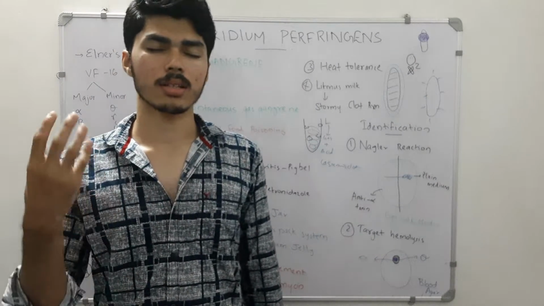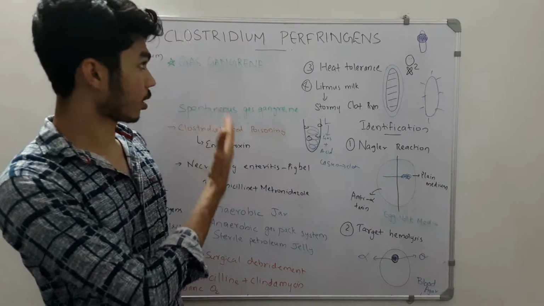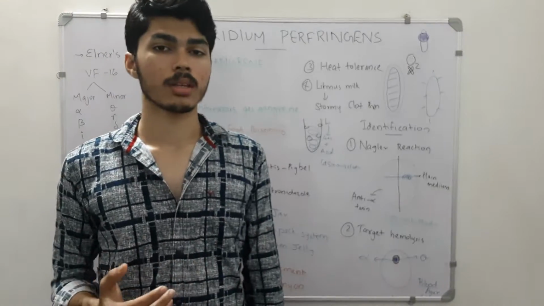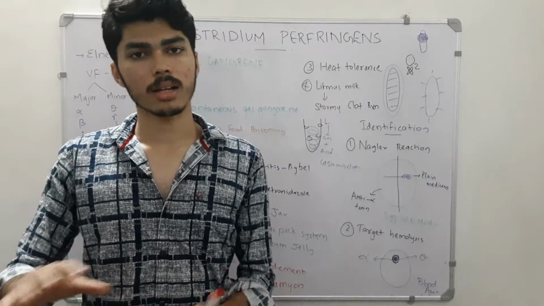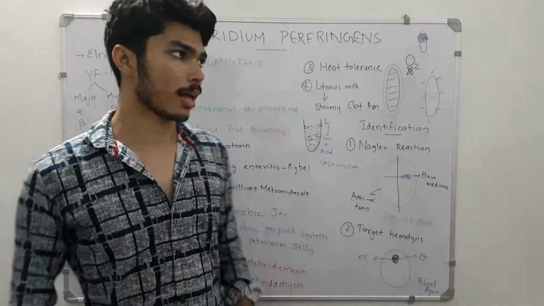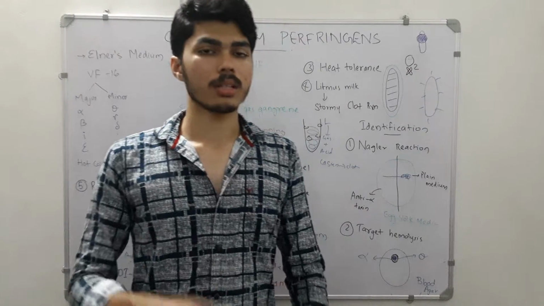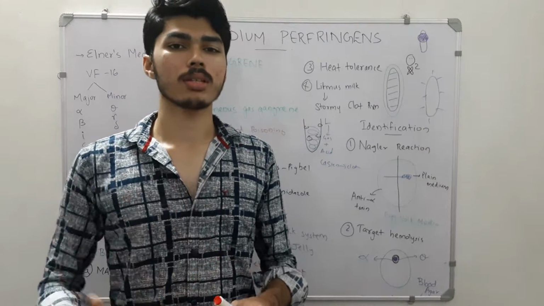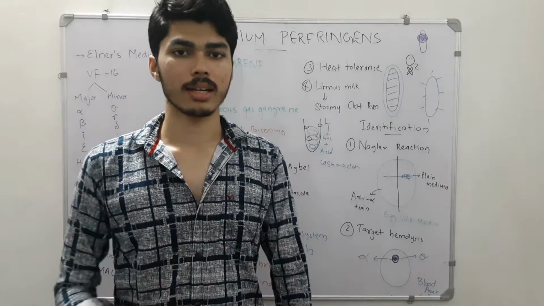The species responsible for this gas gangrene is mostly Clostridium perfringens. There are other Clostridial species which also cause gas gangrene. It is progressive and rapidly acting, and it affects the skeletal muscles.